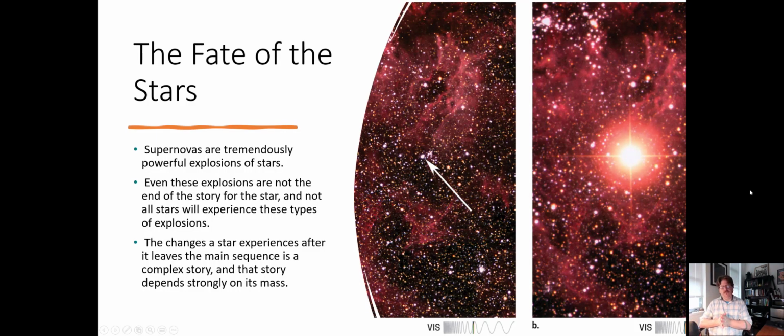So how do we know that these events, which happen during the end stages, are related to stars? Well, one indication are supernovae. These are highly energetic events. These are perhaps the most energetic event in the universe.